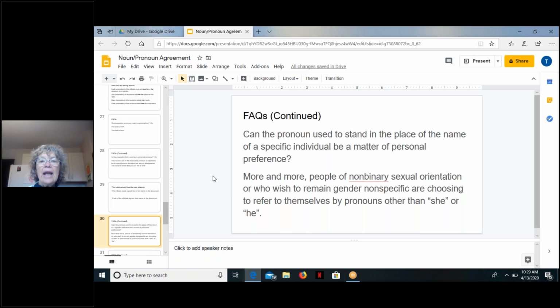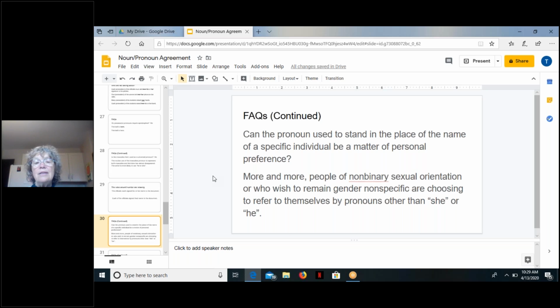Another question is, can the pronoun used to stand in the place of the name of a specific individual be a matter of personal preference? More and more I'm seeing, and I think others of us are too, that people of non-binary sexual orientation, or just people who don't want to have a gender assignment, can request that when you're talking to me, please refer to me as he, or even if it's not obvious, or she, or it.